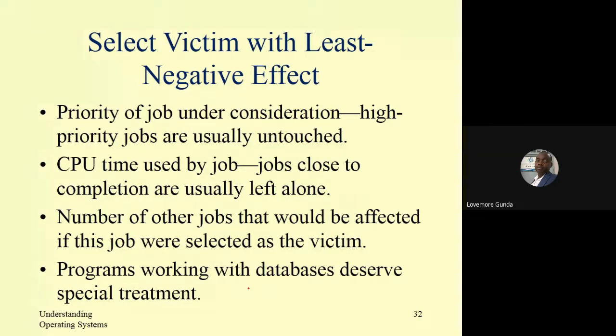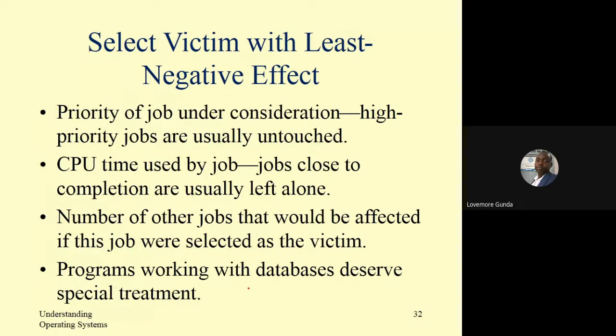So what do you do when you are selecting a victim, right? You select a victim, that is, a process that is chosen for termination. You select a victim which has the least negative effect. So here you look at the priority of the processes. High priority processes are not touched, right?